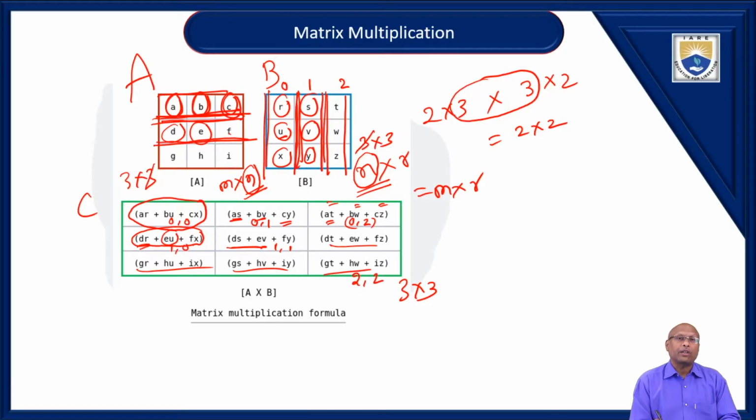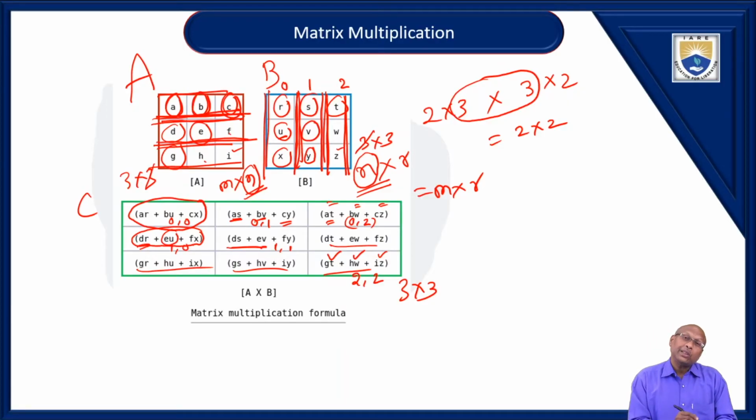That means the second row, second column. Second row of the first matrix, second column of the second matrix. G with T, GT. H with W, HW. I with Z, IZ. Multiply and add, then you will get a value. That value you have to store at 2, 2. So this is generally the matrix multiplication process.